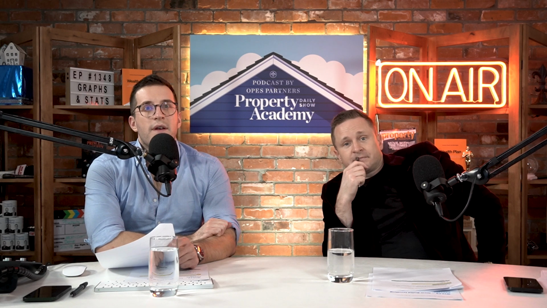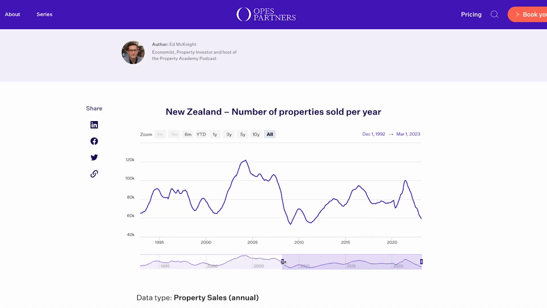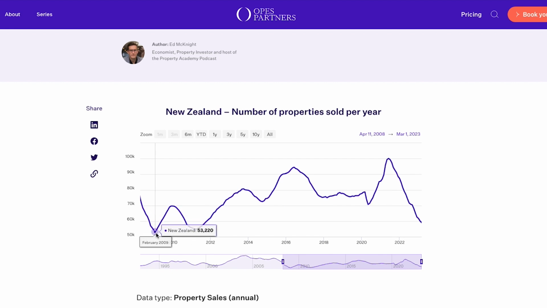Yeah, I think one of the things you've got to think about is also the number of houses sold per head of population. So if we zoom in and look back at 2009, where we had the fewest properties ever recorded, our population in New Zealand was about 4.2 million. Now, about 12, 13, 14 years later, we've got an extra million people.